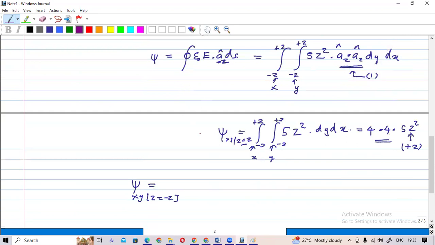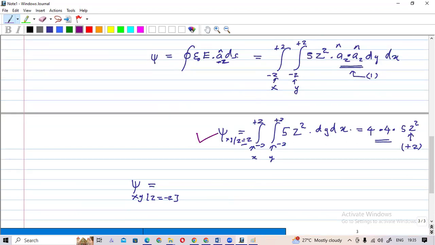That is correct, no problem. Okay. When we are finding the xy plane at z is equal to -2, again you have to do the surface integration with respect to x and y, and your function is there, that is 5z.